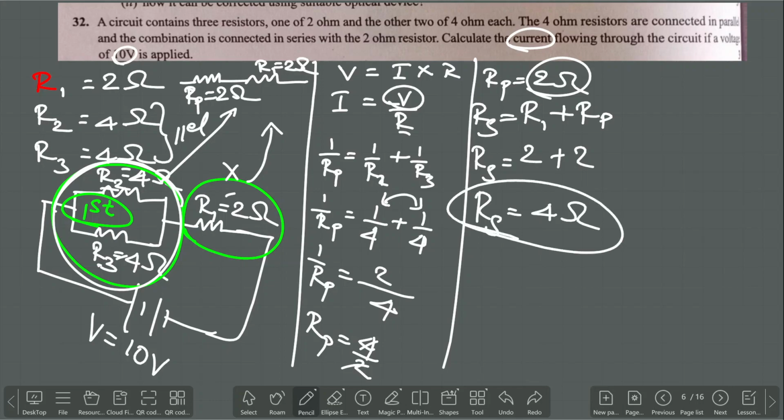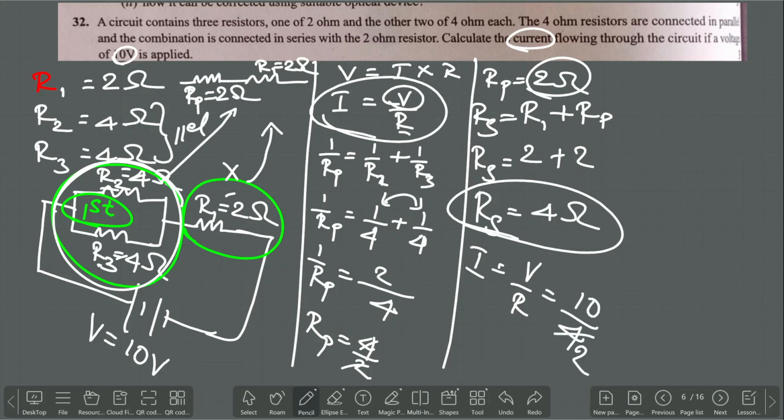Now we got the value of the net resistance also. So substitute in that formula. I is equal to V by R, 10 by 4. Simplify: 2 2s are 4, 5 2s are 10. So 5 by 2. So I is equal to 5 by 2, the answer is 2.5 ampere.